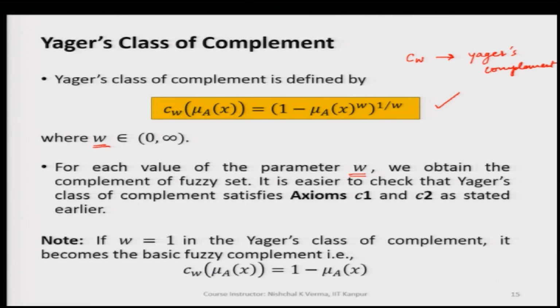We can see that if we take W equal to 1, what we get is C_W of mu_A(x) equal to 1 minus mu_A(x). So, for W equal to 1, C_W becomes the basic fuzzy complement operator.